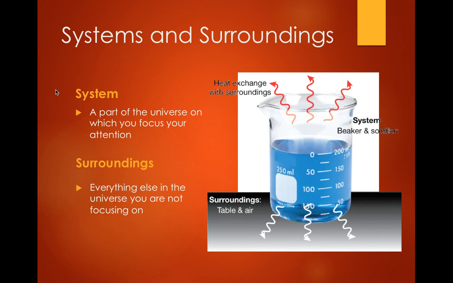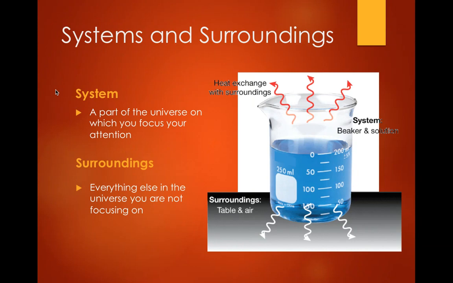Energy that moves from one object to another due to temperature difference is heat. The transfer of energy happens through collisions, with heat always flowing from hot objects to cold objects. But we're going to talk about heat exchange. In this case, if the blue liquid inside the beaker is hot, heat is going to flow from the system, which is our beaker and our solution, to the surroundings.